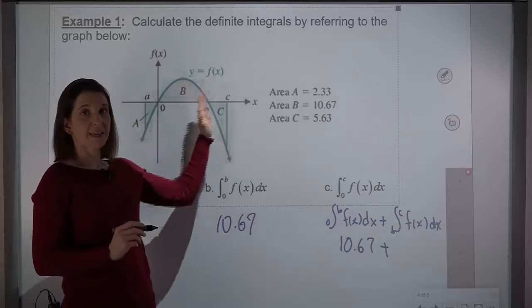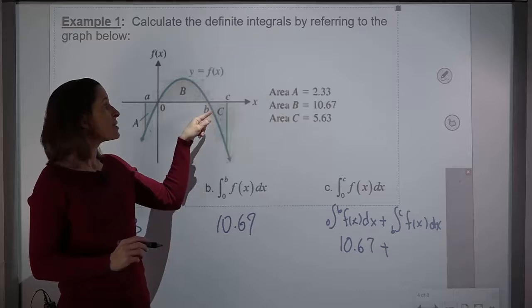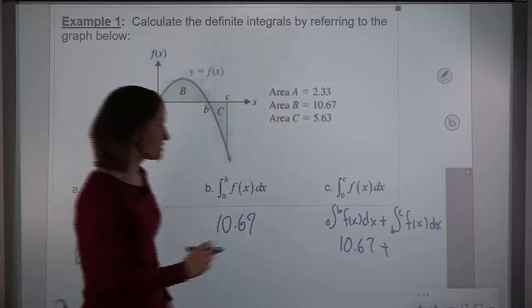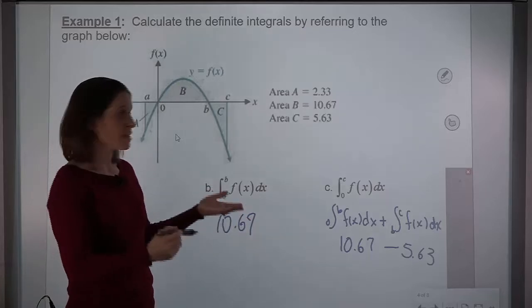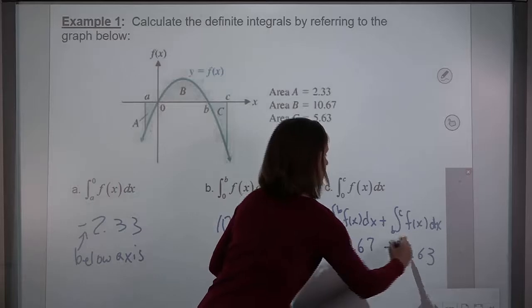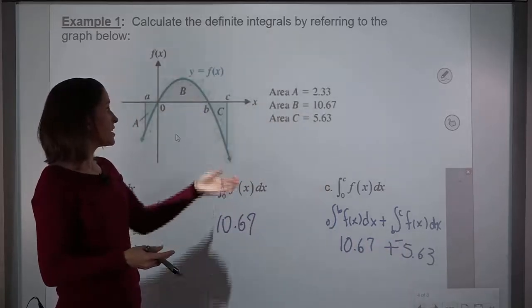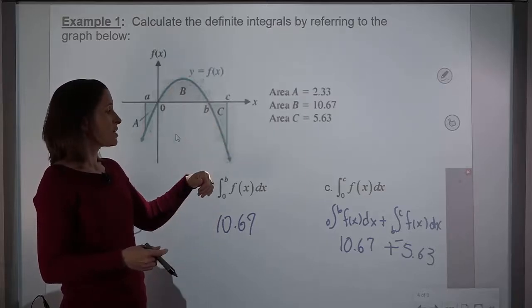Then from B to C, we get another region, region capital C, but it is below the axis. So since it is below the axis, then we could think of it as plus a negative or minus, right? That I'm adding that area, but that area is below the axis. So since this actually gives us net area, we're going to say negative.